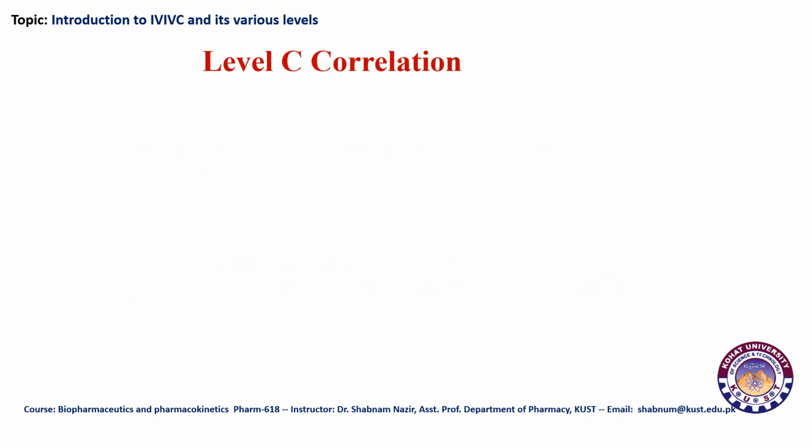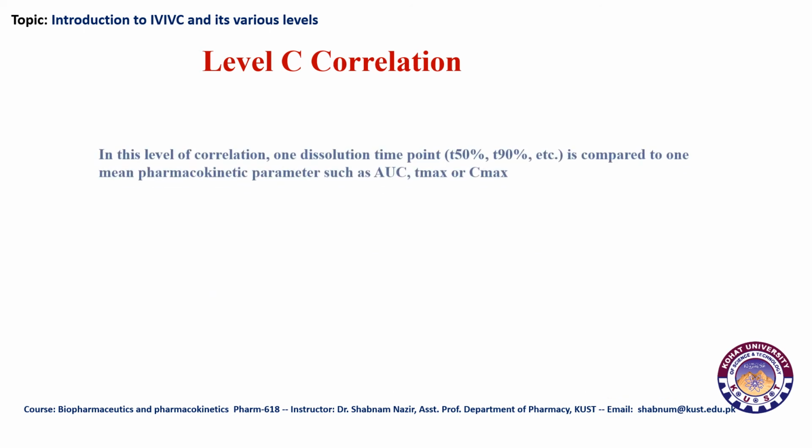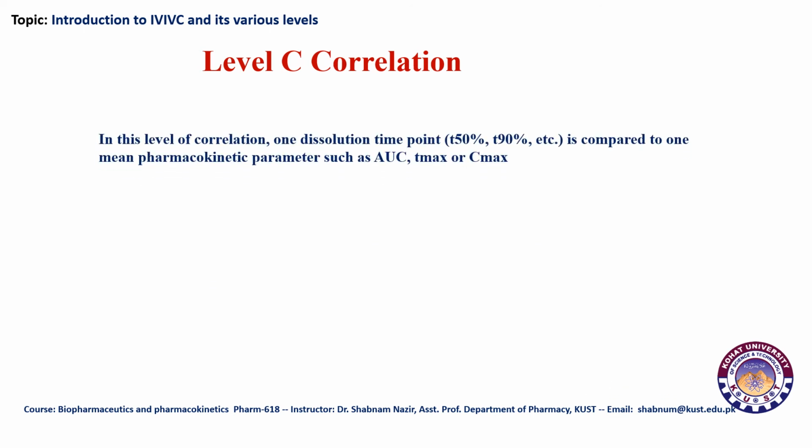Level C correlation, and here one dissolution time point is compared to kinetic parameters such as area under the curve, Tmax or Cmax. What is T 50% or T 90% showing?